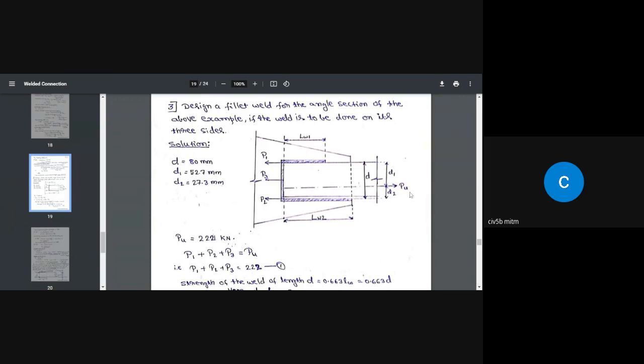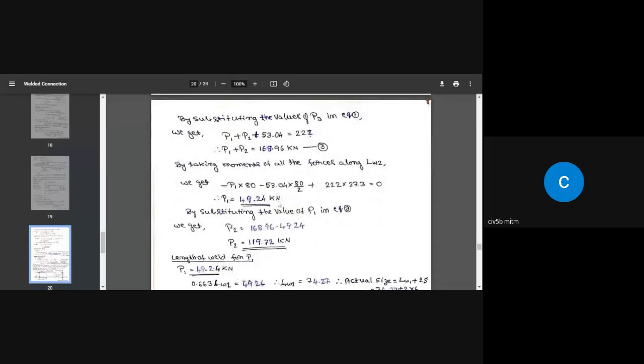Next, plus PU multiplied by D2 value, that should be equated to 0. Minus P1 into 80 minus 53.04 multiplied by 80 by 2 plus 222 multiplied by 27.3 equals 0. So I got P1 value equal to 49.24 kilonewton. By substituting P1 value in this equation, we get P2 equal to 119.72 kilonewton. Now we know.